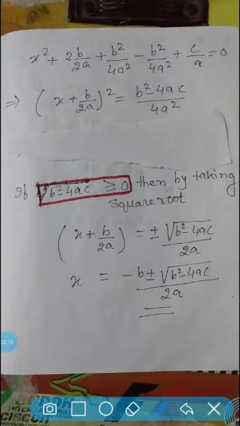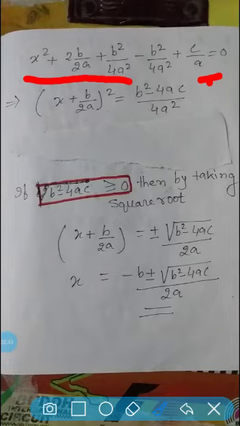Now you see this part. This part we can write as x plus b by 2a whole square, and this we have taken to the other side, the RHS side. So it becomes, after arranging, b square minus 4ac by 4a square. We have taken LCM here and we have solved. Is that okay? You will be able to solve.